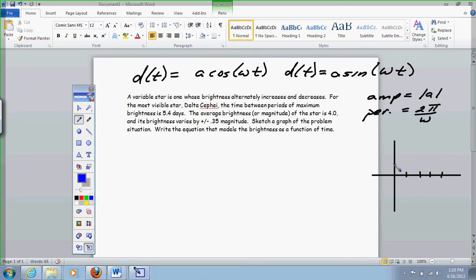One period of which we know the range is -1 to 1 for sine and cosine for the parent functions.